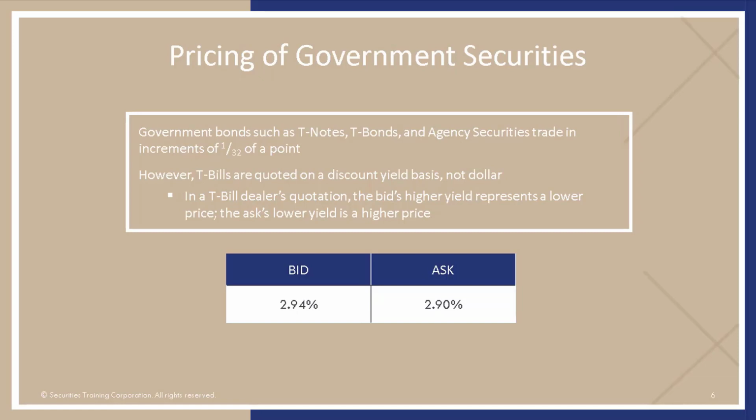Where the ask, what they're willing to sell it for, is only a 2.90% discount. So notice the ask, 2.90, is a smaller discount off of face value. That's actually the higher price. The bid, the bigger discount off of the face value, is the lower price. So the bid's higher yield actually represents the lower price. And this is the way T-bills are quoted, not the T-notes and T-bonds.